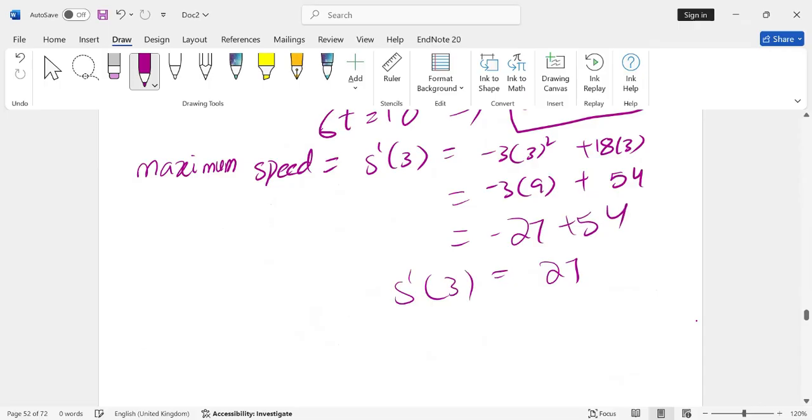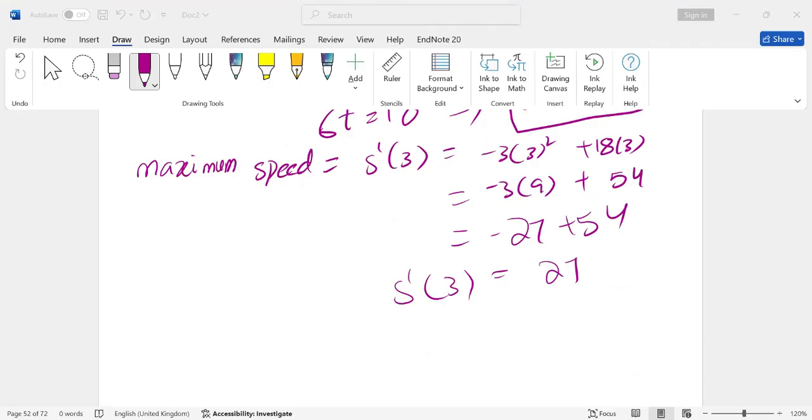S prime of 3 is equal to 27. Thus the maximum speed reached was 27 kilometers per hour. So this is the required answer for this question.